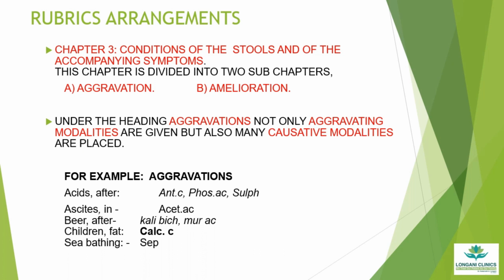For example, acids after. The drugs mentioned are antimonium crudum, phosphoric acid, sulfur, acetic acid, beer after, muriatic acid, children fat, calcarea carb, sea bathing after. The drug mentioned is sepia.